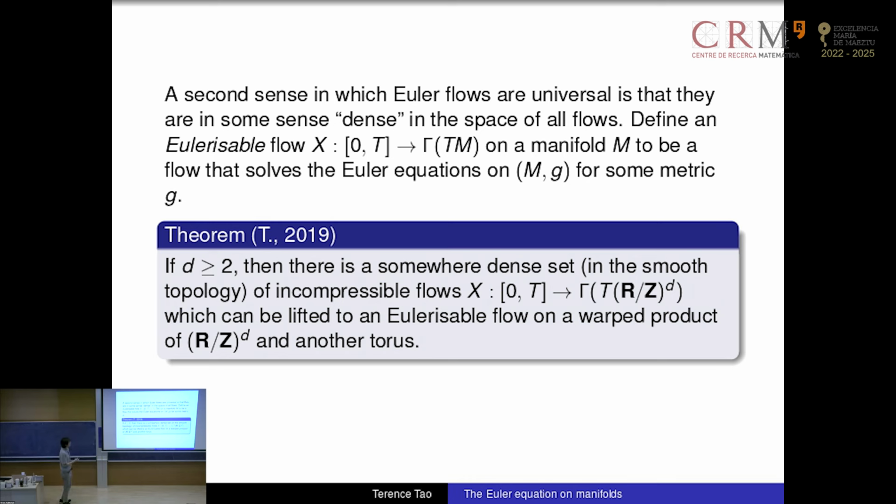But not every flow: the set is of first category. So every flow can be perturbed into something that is an Euler flow, but in fact most flows in some sense are not Euler flows.